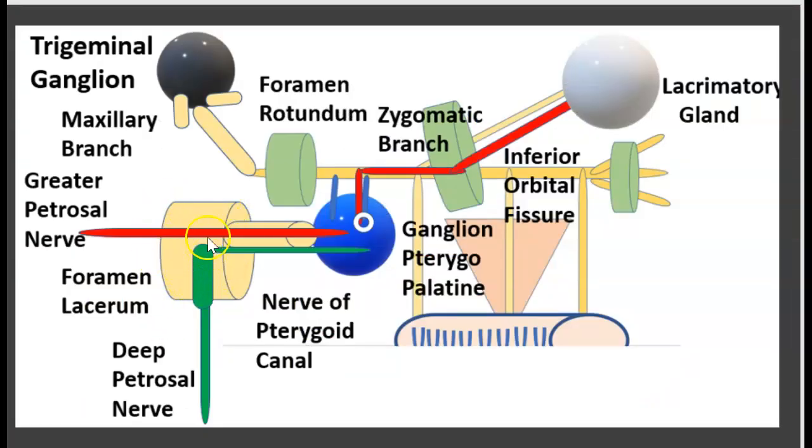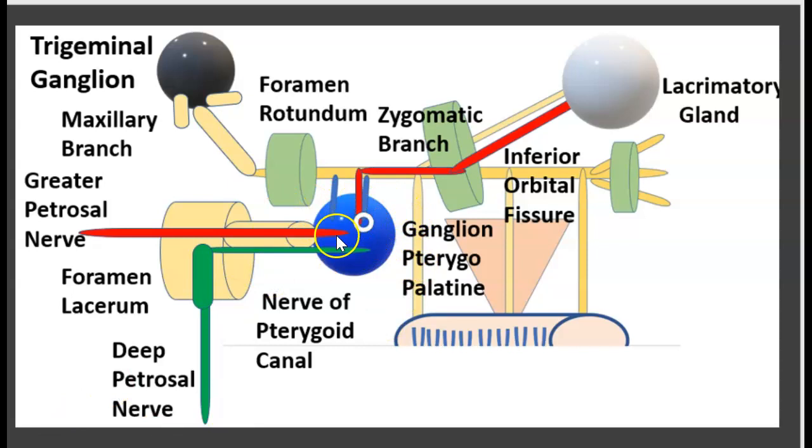Fibers come as the greater petrosal nerve to the foramen lacerum. In the foramen lacerum, the greater petrosal nerve fuses with the deep petrosal nerve to give the nerve of the pterygoid canal, or Vidian nerve, which ends in the pterygopalatine ganglion.